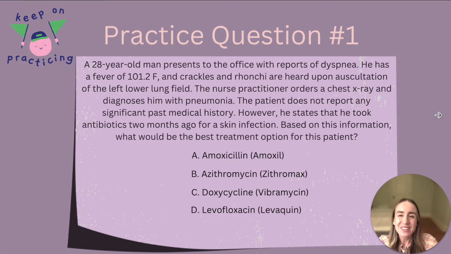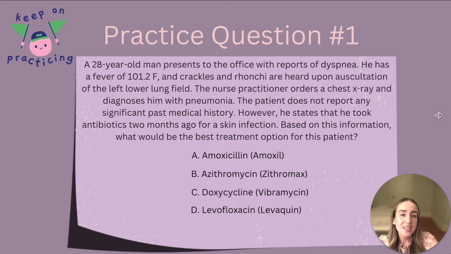So let's dive into our first practice question. A 28-year-old man presents to the office with reports of dyspnea. He has a fever of 101.2 Fahrenheit and crackles and rhonchi are heard upon auscultation of the left lower lung field. The nurse practitioner orders a chest x-ray and diagnoses him with pneumonia. The patient does not report any significant past medical history.